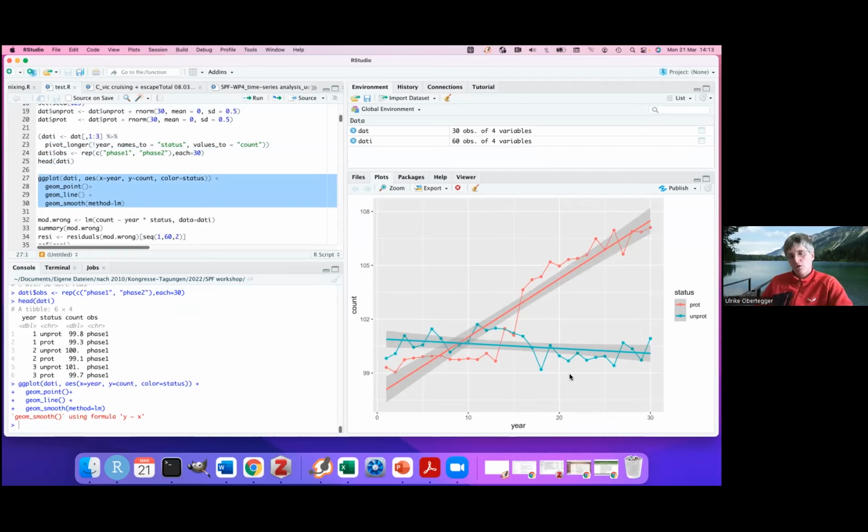It is the wrong approach because at the beginning, let's take just the red line, all residuals are above the line, then all the residuals are below the line, then again a block where all the residuals are above the line. And the residuals for linear regression, or for every model you apply, should behave like bees in the sky or like stars in the sky. There should be no pattern.